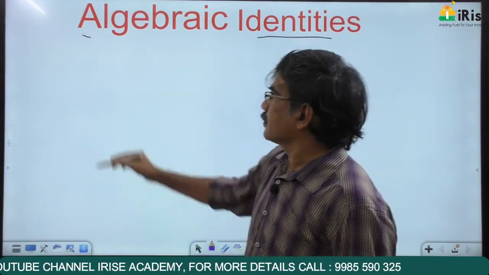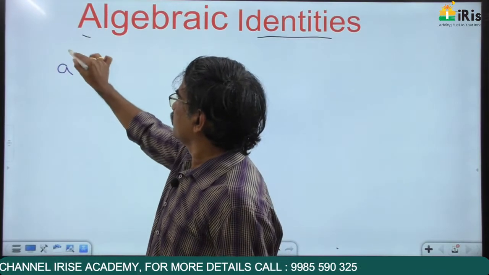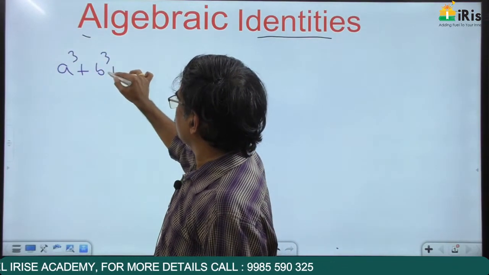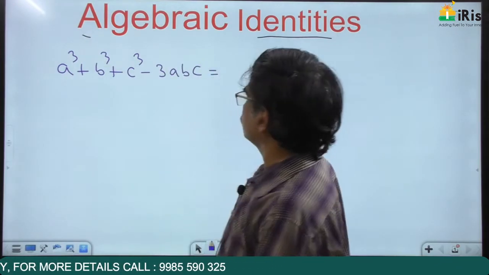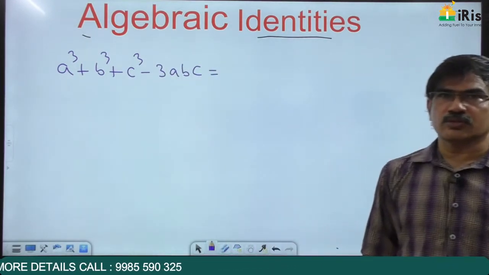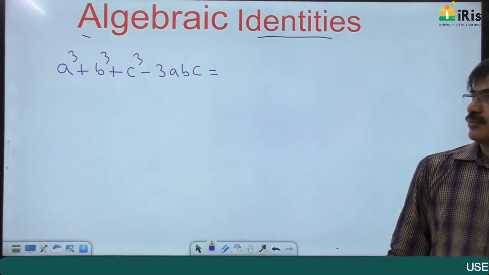Next one. a cube plus b cube plus c cube minus 3abc is equal to, it is the most important identity.